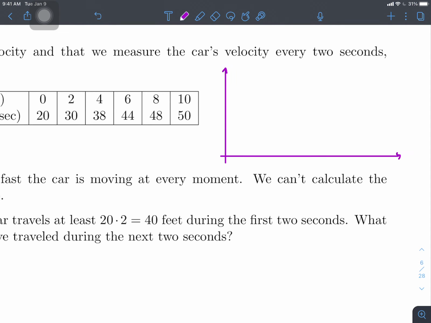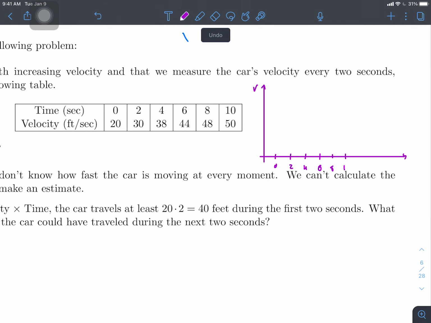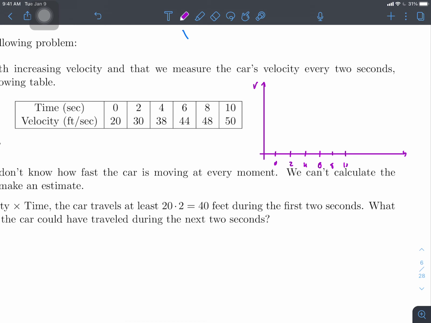What we have in terms of information is, okay, 0, 2, 4, 6, 8, and 10. This is time in seconds. And then our velocity is in feet per second. We need 20 to 50. So here's 20, here's 30, here's 38, here's 44, here's 48, and then 50 is right next to it.